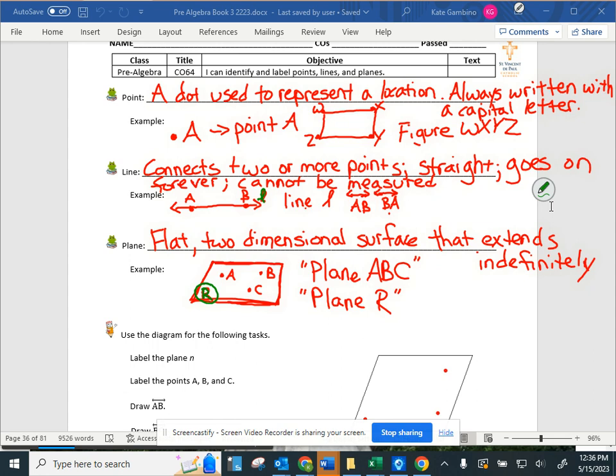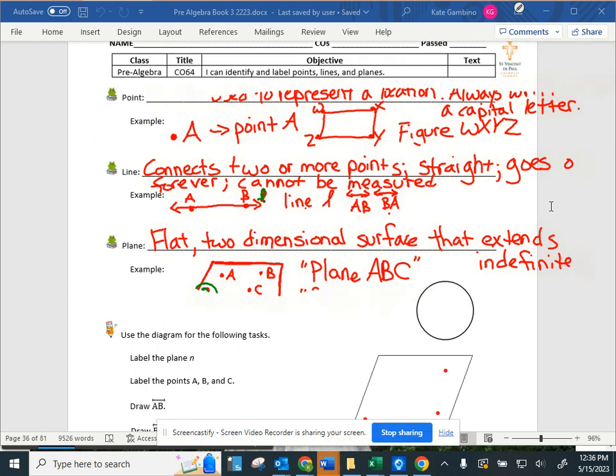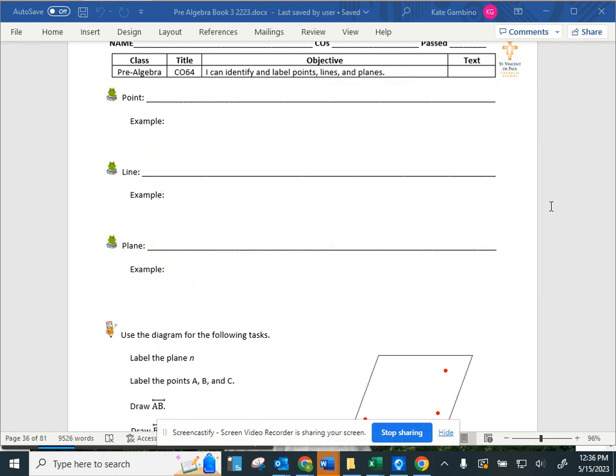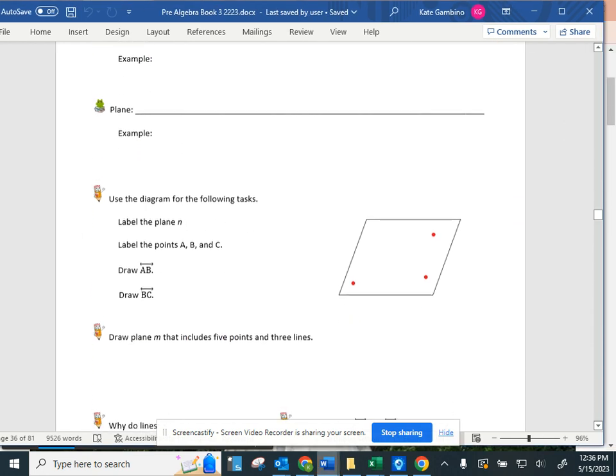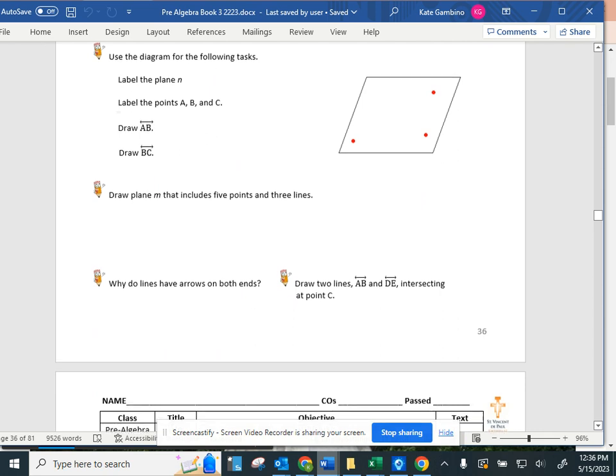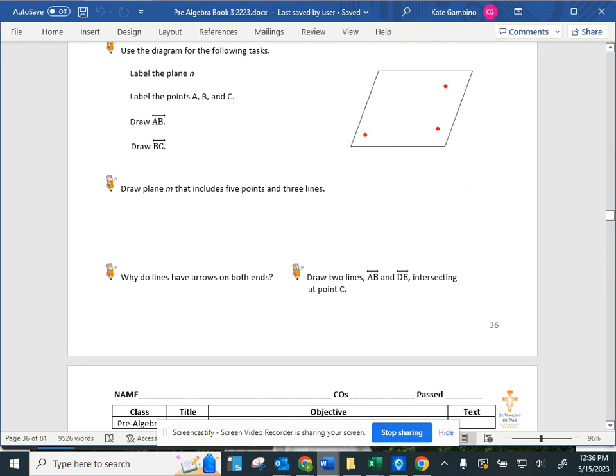So we've got the point, we've got the line, and we've got the plane. I'm going to erase so I can scroll up. So we're going to use the diagram for the following tasks.